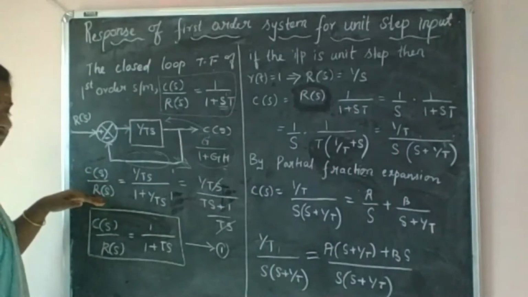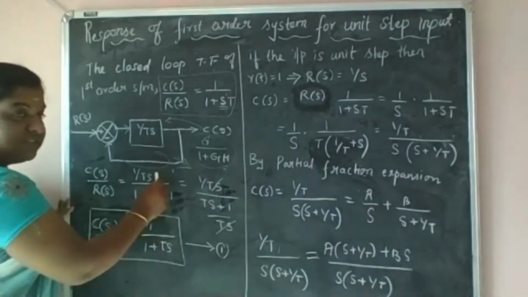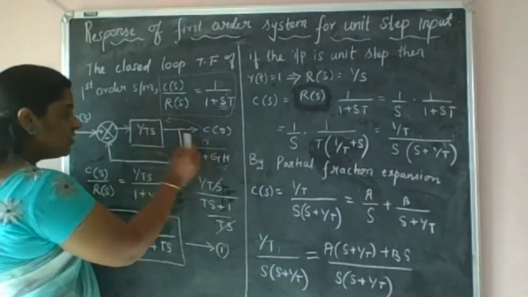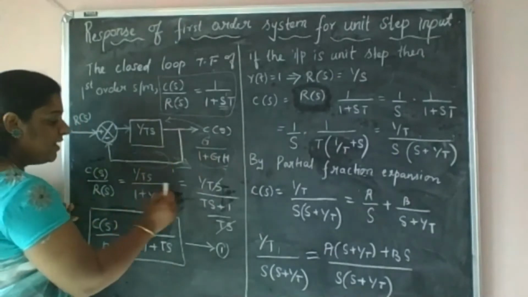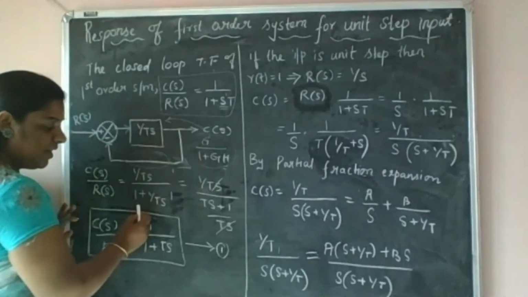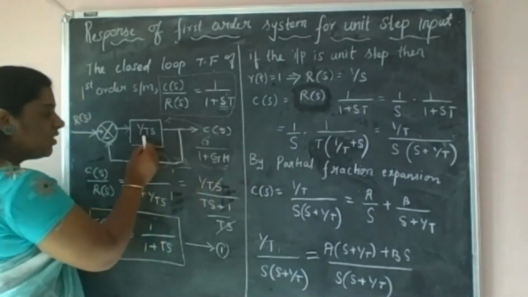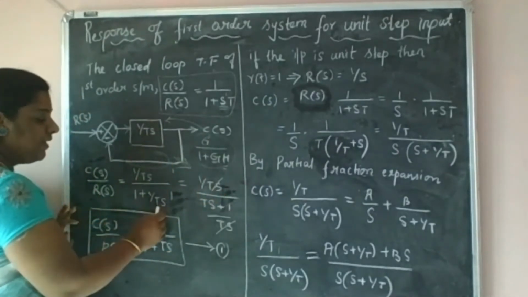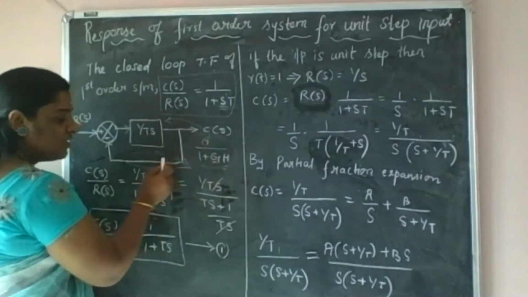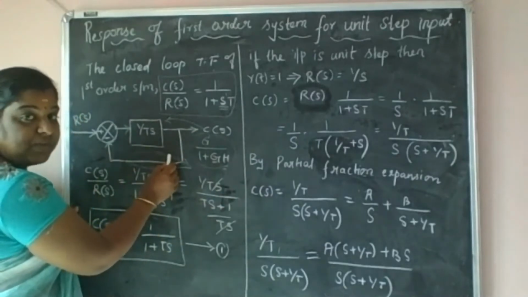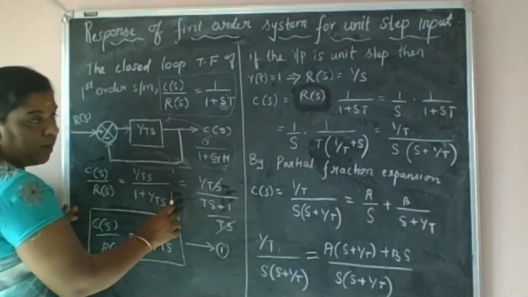So C(S) divided by R(S) is equal to G divided by 1 plus GH, where G is equal to 1 by Ts, divided by 1 plus, again the value of G, 1 divided by Ts, and for a unity feedback system the value of H is equal to 1.